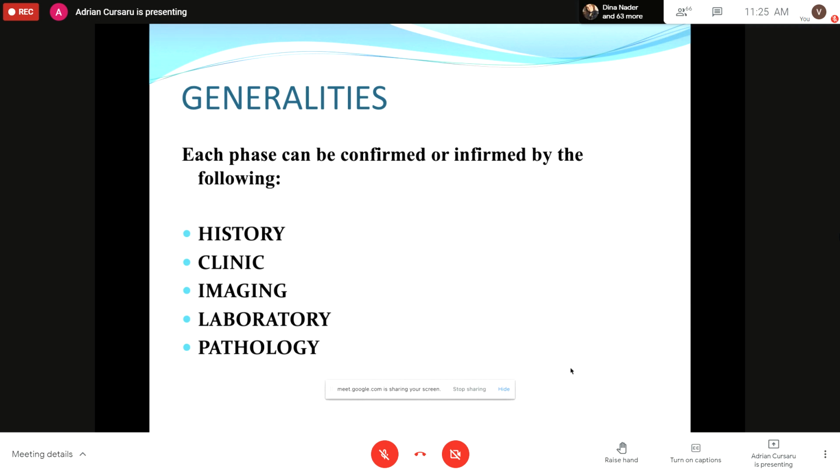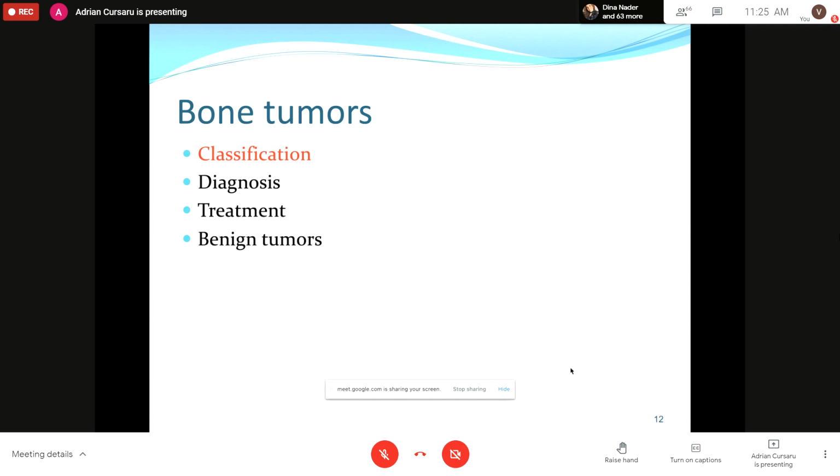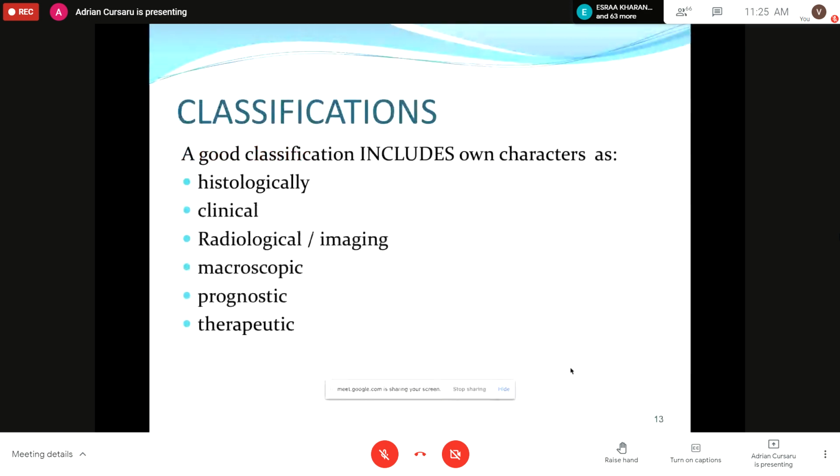It is very important because that's the final diagnosis. The classification of bone tumors is very important because it is different in comparison with other types of tumors. A good classification should include characteristics such as histological, clinical, and radiological or imaging ones, even if we are talking about CT or MRI.